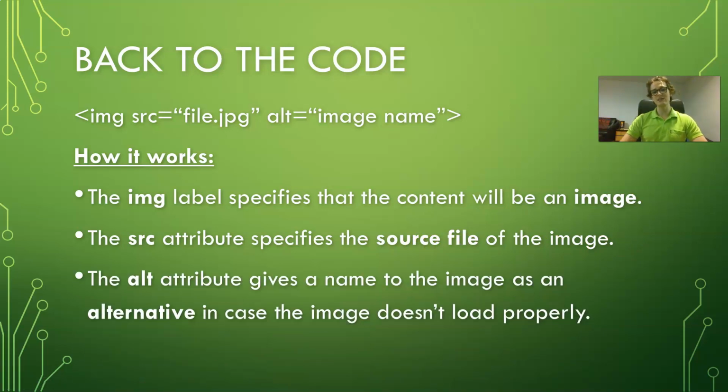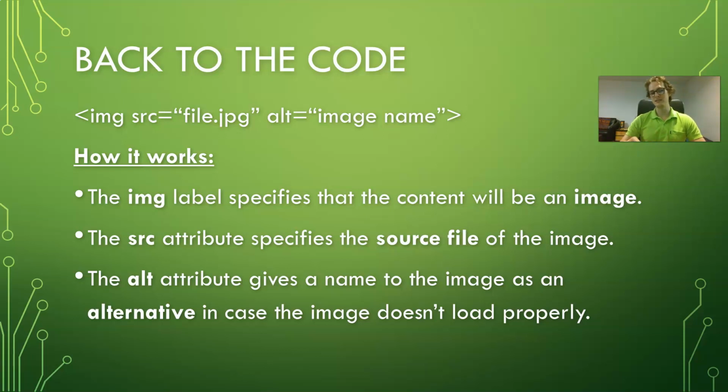And the alt attribute gives a name to the image as an alternative in case the image doesn't load properly. Okay, so if you have a website and the image isn't loading, alt gives it a little alternative. This is useful for people maybe that have very slow computers, or also for people that are blind and can't see images.